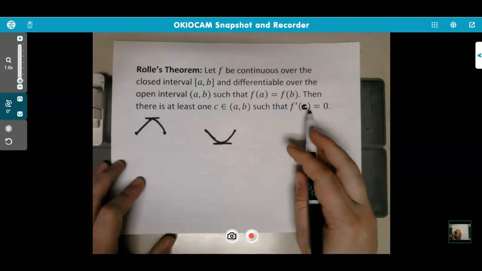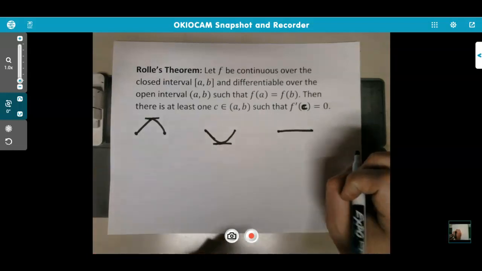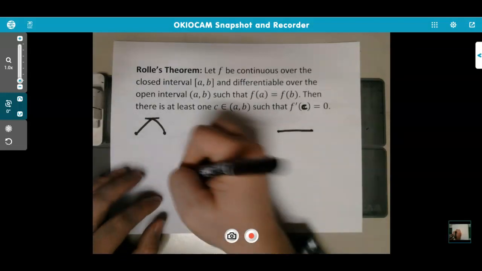So that's true. Another thing that might happen, start here, end up there, I could just stay straight. In which case, if I'm just a straight line, then obviously it's a flat line over the whole thing. So that's why that is true. If they start and end at the same point, no matter what happens between them, it could be a bunch of things, right?